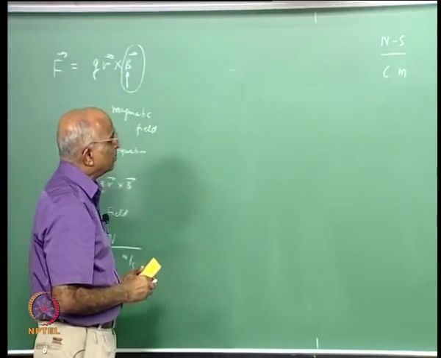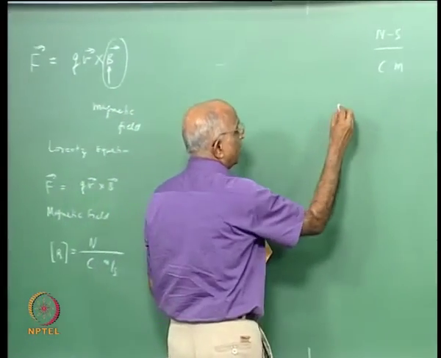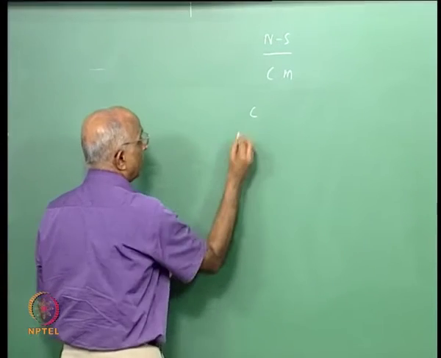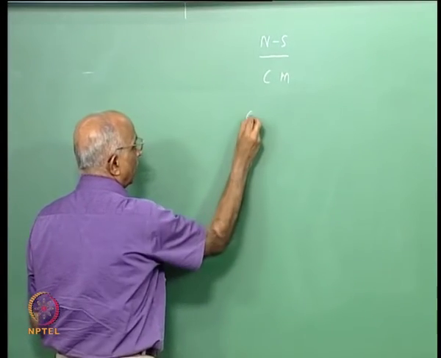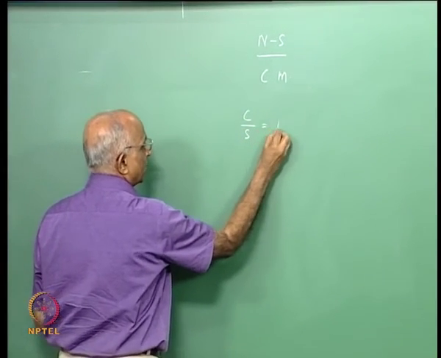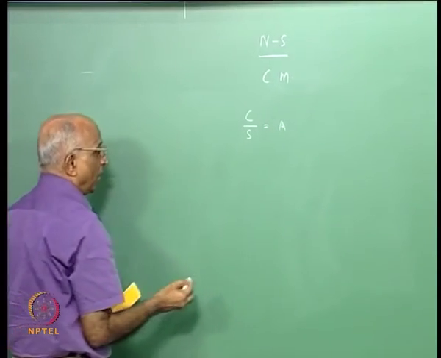Can I put it in terms of something? I find that Coulomb is charge, second is time, Coulomb per unit time is what is current, ampere, and how is ampere defined?